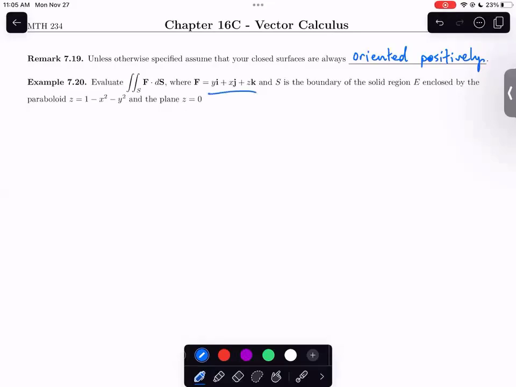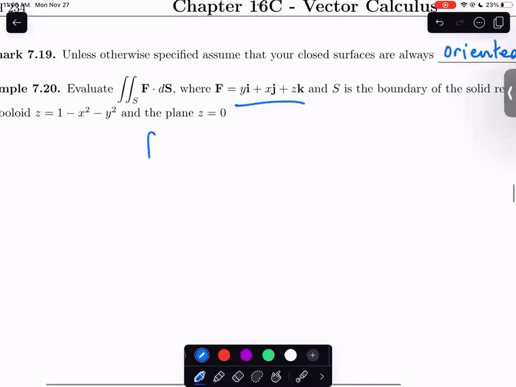So again, this is a flux calculation. This is a surface integral with a vector field, not a surface integral with a scalar function. Like it's not just y there or z squared or something like that, right? We actually have a vector field. If you wanted to, you could even spend a line to rewrite this: y, x, z dot dS. And again, this is a bold S.